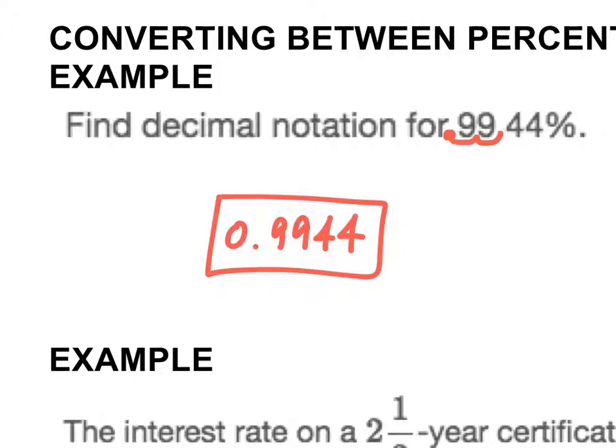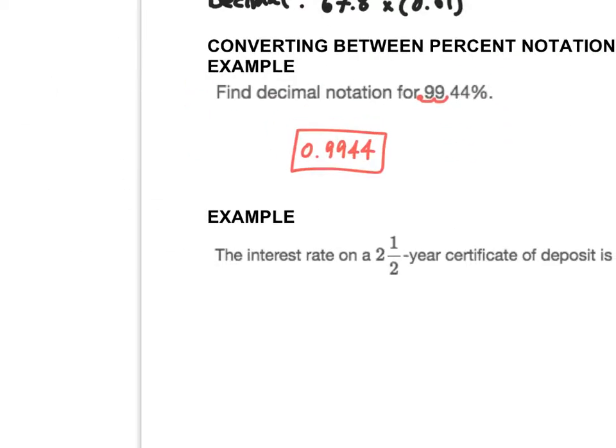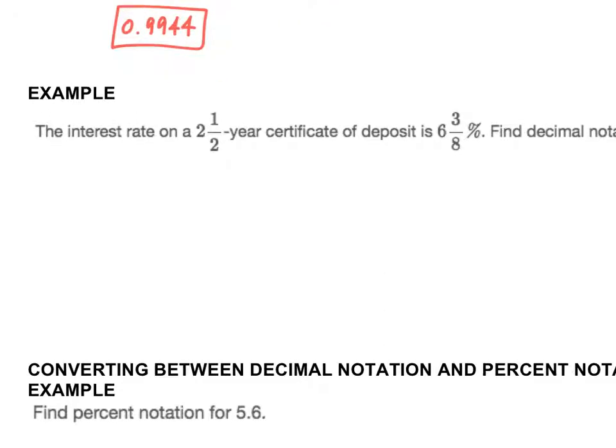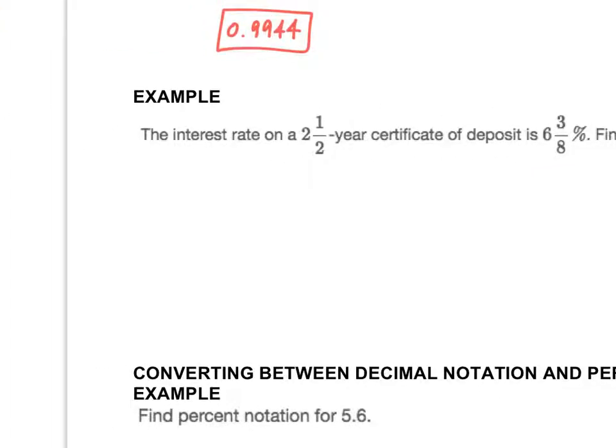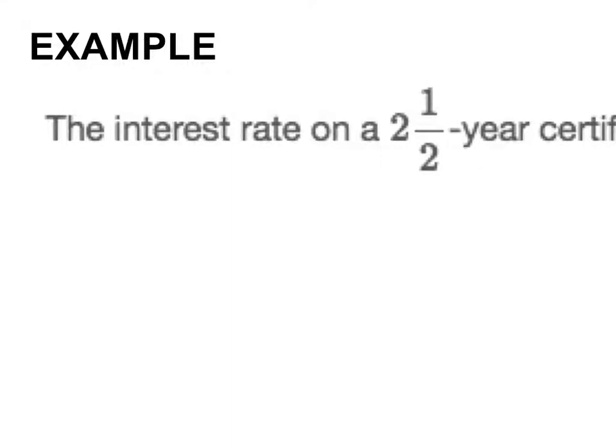Okay? On the next example, this says the interest rate on a 2.5-year certificate of deposit is 6 3/8%. So it says find the decimal notation for 6 3/8%. So I'm going to write this down over here. I'm going to write 6 3/8%.